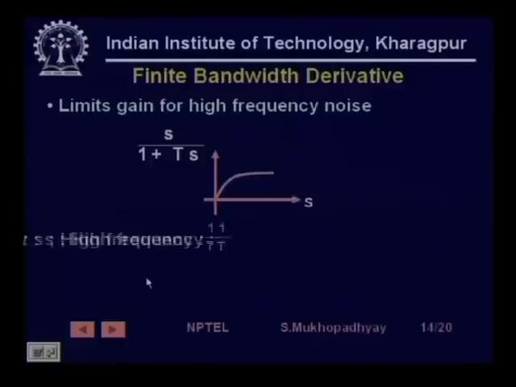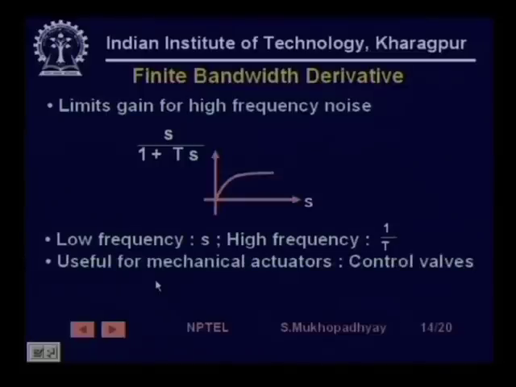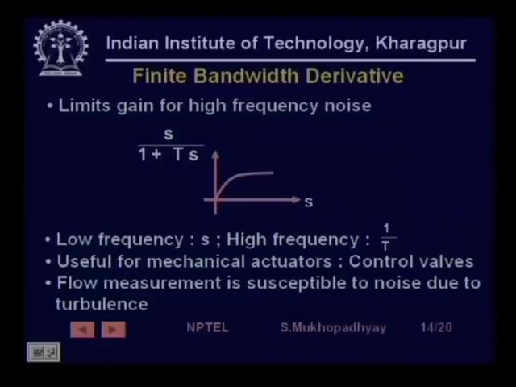The idea is that for low frequency it is s, for high frequency it is 1 by T. Now, this is also useful for certain kinds of mechanical actuators, as I said, that if you give a very high frequency signal and then create a derivative, then you are going to give it very high frequency positive and negative torques, which is not good for a mechanical actuator like a control valve. It might damage the valve, and as I have given an example, such noise may come from various kinds of measurements, especially flow measurements, which are very common in an industrial process.